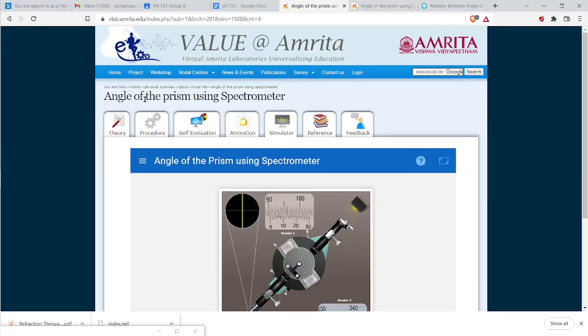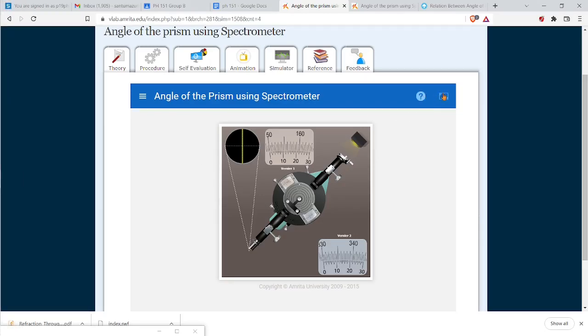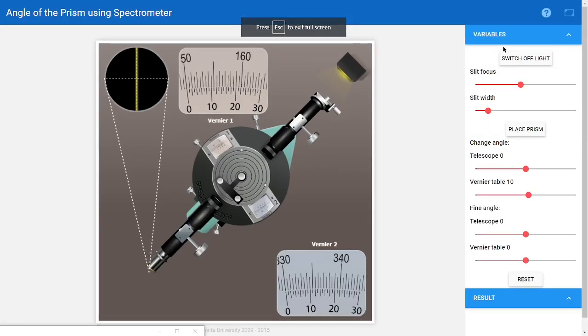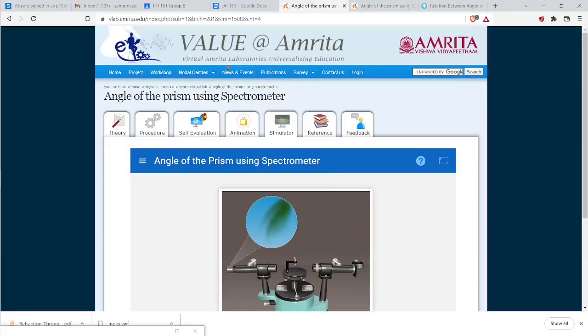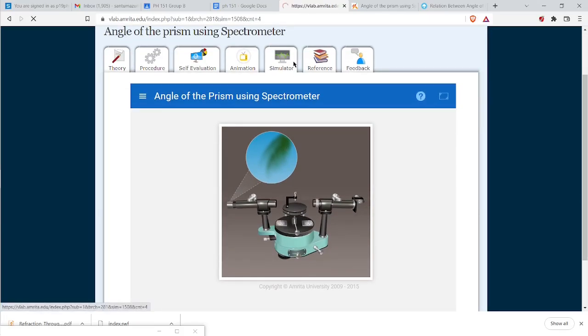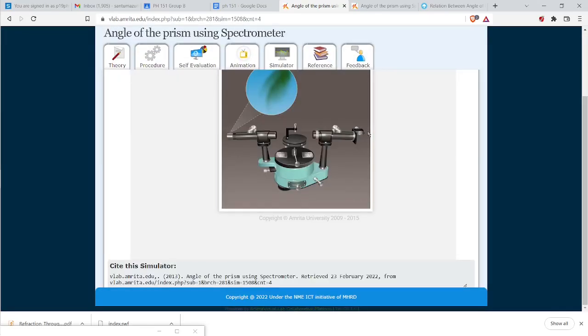So this is the way how we calculate the Vernier constant for a Vernier scale. Now let's go back to the spectrometer. Now here comes our focusing. So what we do actually, let's start from the start. Let's reset it. So when you go to the simulator, first of all, we can see this type of figure.